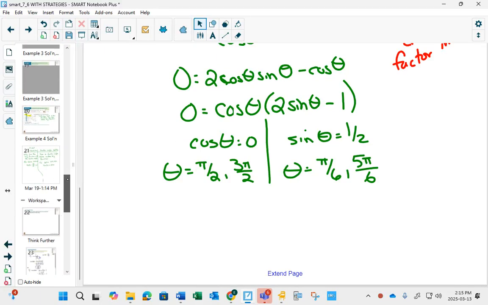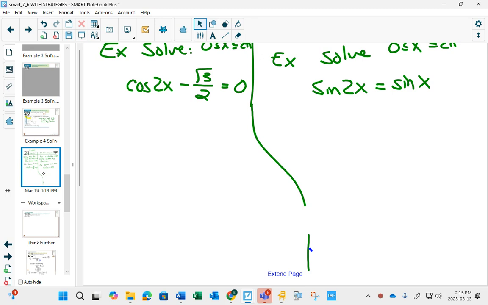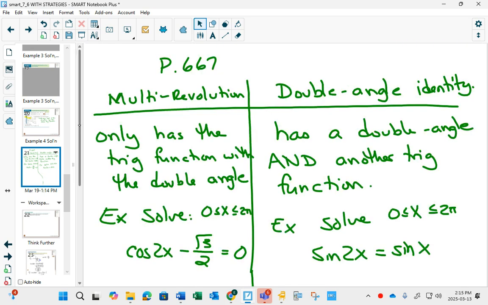Okay, we are going to leave this question for tomorrow, but you can write it out in the last 3 minutes to save us some time tomorrow. And what we're going to find is that sometimes you get a double angle, like a 2x, and up till now, those have always been multi-revolution questions.